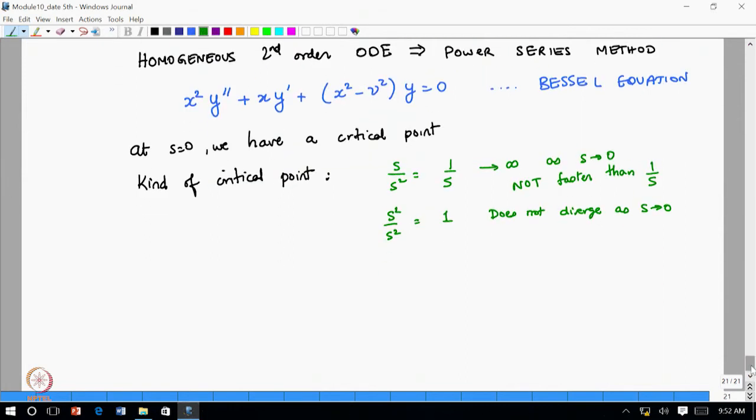So, in this case you do not even have to worry, it is definitely not faster than 1 by s square. So, this is a regular critical point. Okay. So, this implies the Frobenius method can be used.